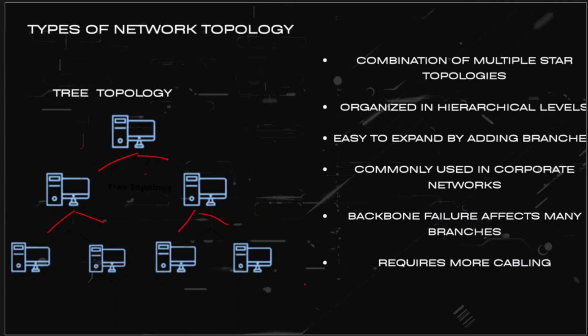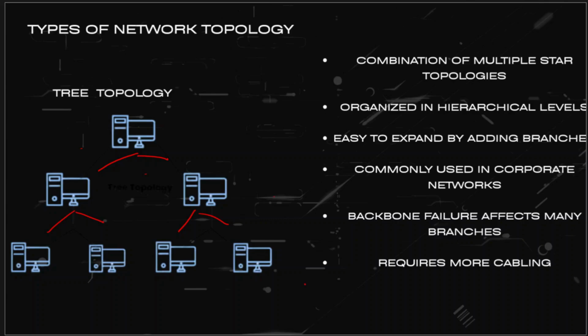So here if any backbone failure comes, it affects many branches. It also requires more cable. The benefit is that it's incredibly organized. You can manage the science department without touching the library's network. But the risk is if the main backbone snaps, all the branches below it lose connection to the outside world.